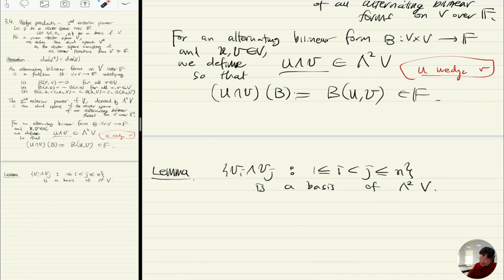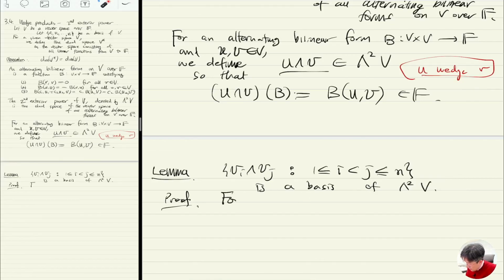So why is this the case? First of all, I need to prove that any vector in this dual vector space is spanned by these, and also it's better to show some basis, right? So I'm going to show you a basis.